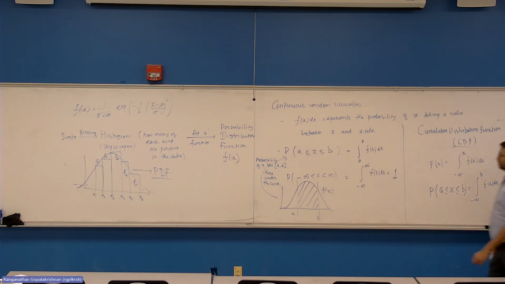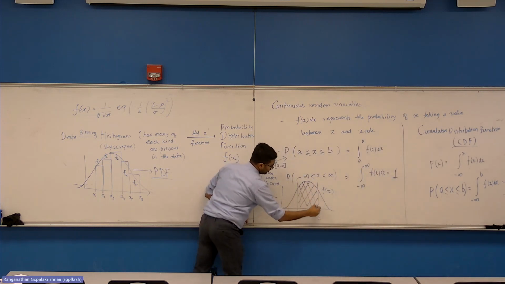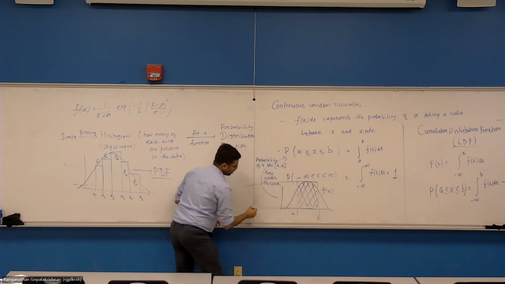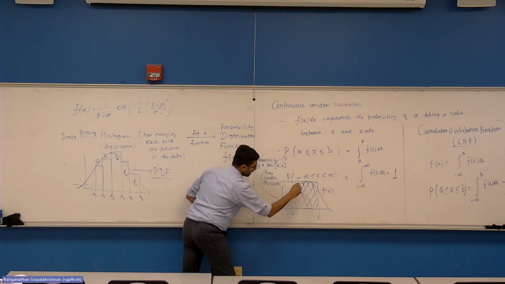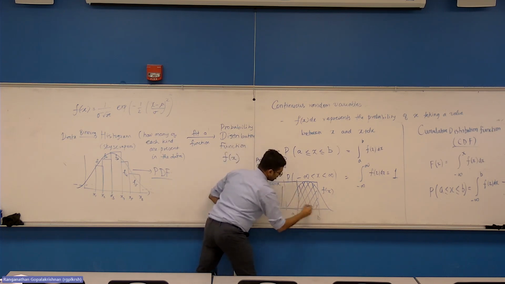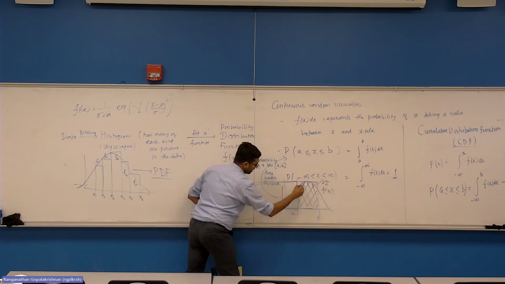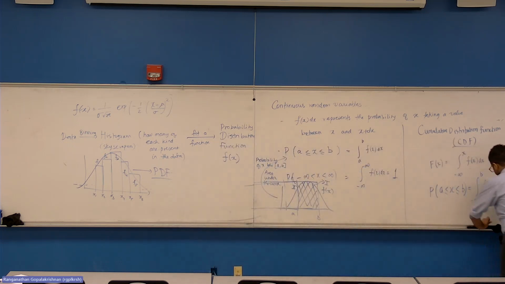This is like saying this area in the middle is this area minus this area. Like saying from here this is area 1 and from here this is area 2. This is like saying 1 minus 2.